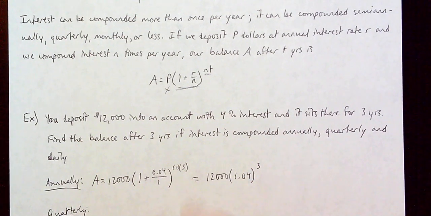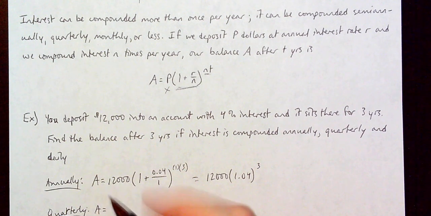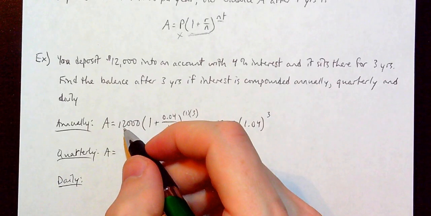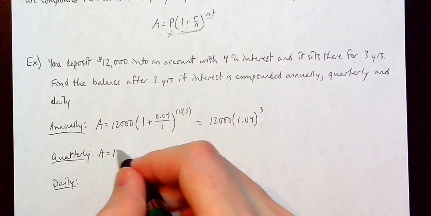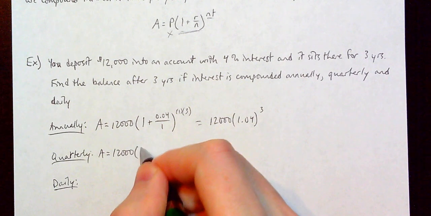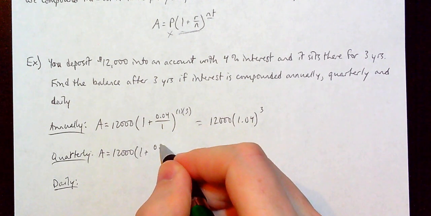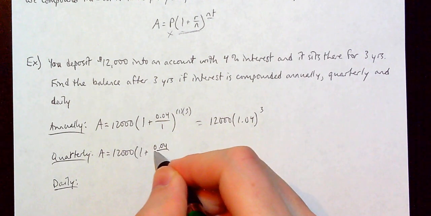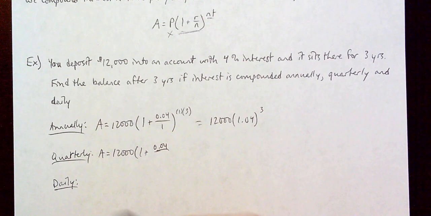All right, quarterly. We still have the same principal value, we still have 12,000 times 1 plus my interest rate as a decimal, divided by the number of times I compound per year.